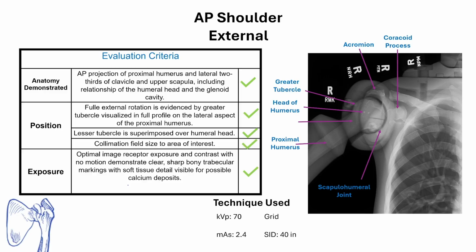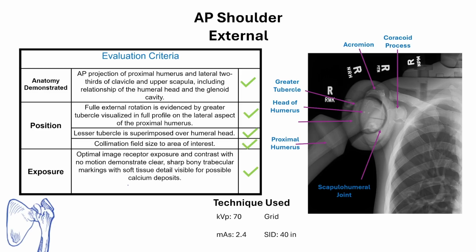Going over to our image here on the right, we do see that the greater tubercle is in profile along with the relationship of the head of the humerus within the scapulohumeral joint space. Just distally to that, we do have the proximal humerus, and then going more proximal, we have the acromion located superior to the greater tubercle, and then the coracoid process located more proximal.